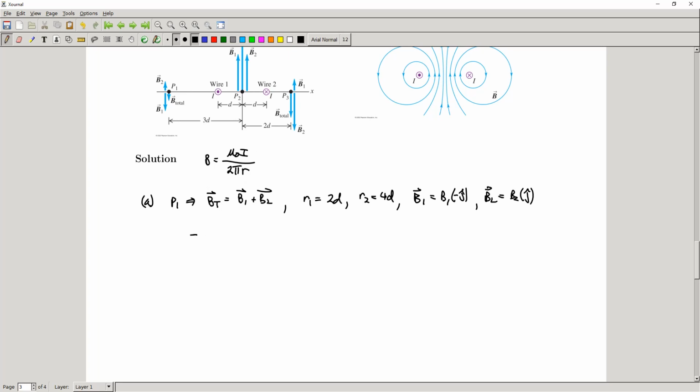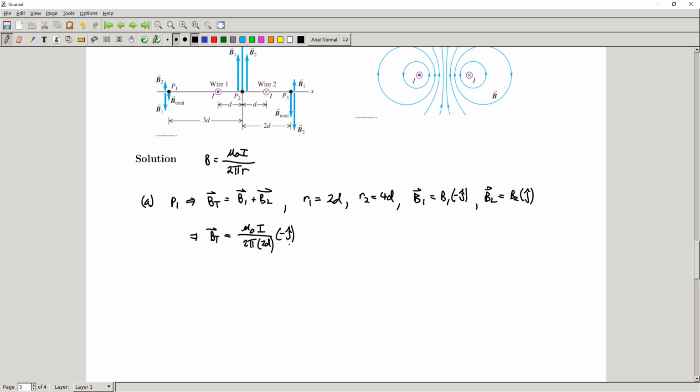So what we're going to end up with is BT equal to B1 first. B1 is mu naught I over 2 pi, and our R is now going to be 2D. And this is going to point in the minus j hat direction.